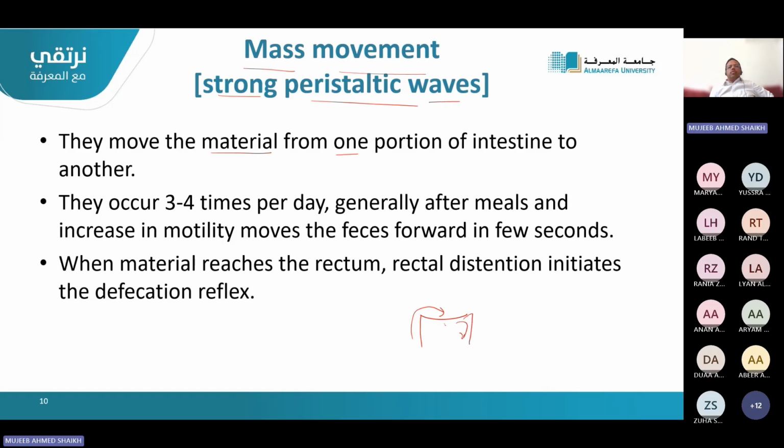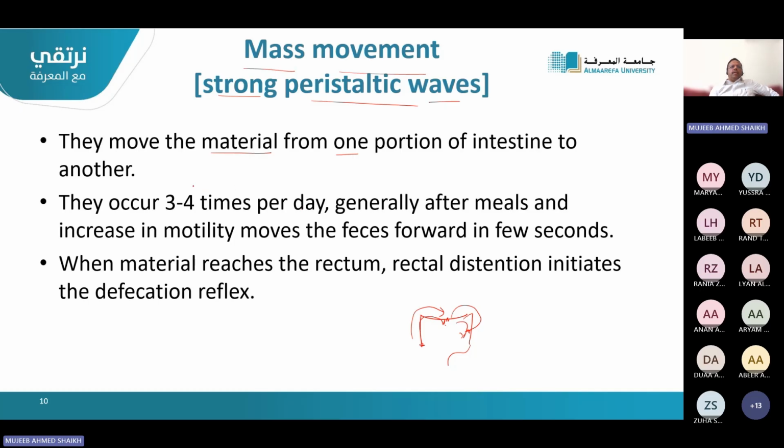They move from one area to another because they are a strong peristaltic wave. Once they start here, they may end here. So they will move the food or the chyme to different regions of the large intestine.